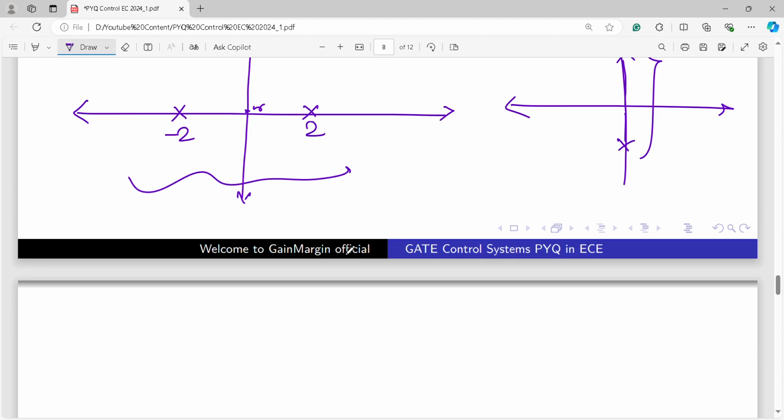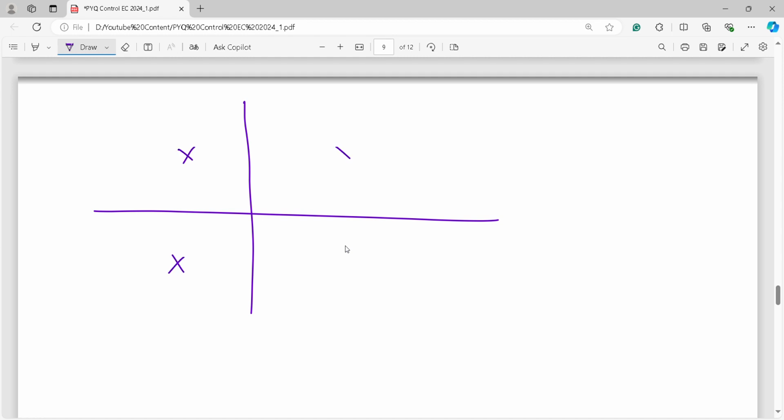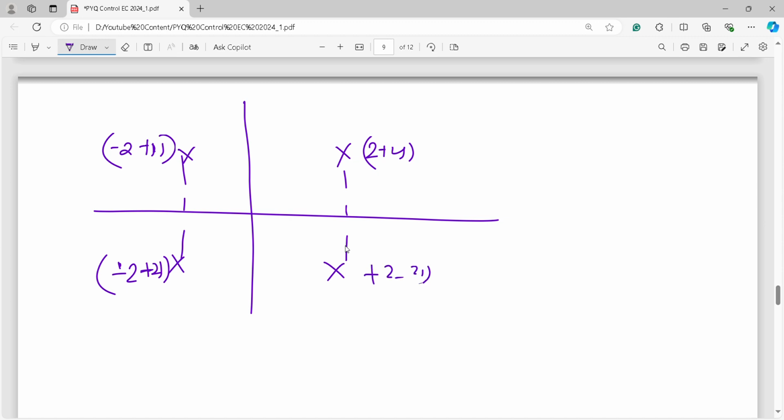And the last case can be like this also, for example -2 plus -2j, +2 plus 2j, and -2 +2j, +2 -2j, so it's symmetrical.